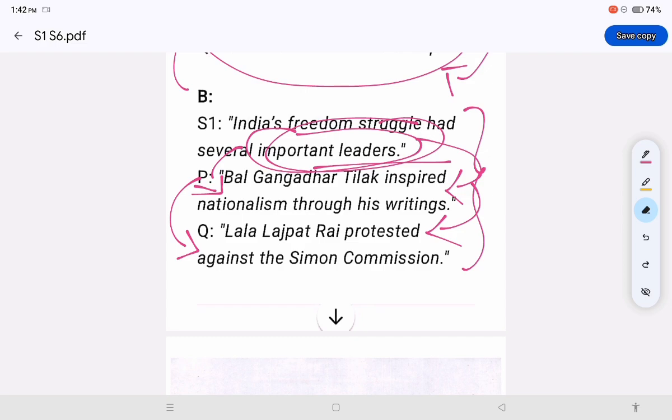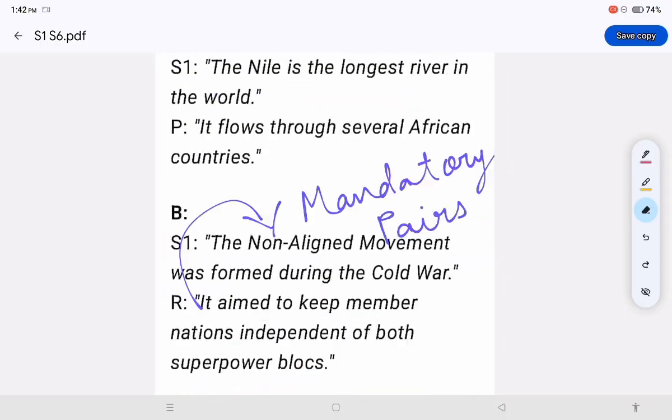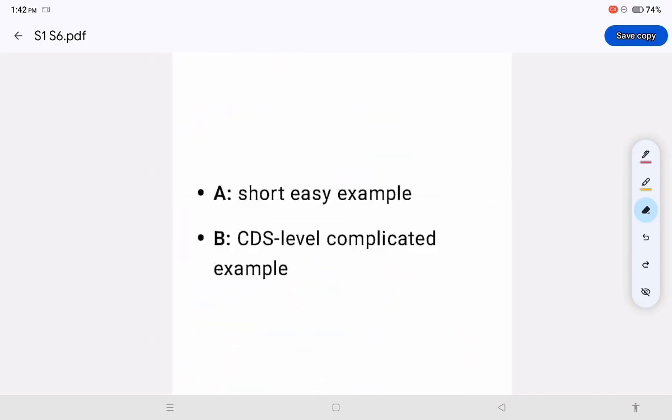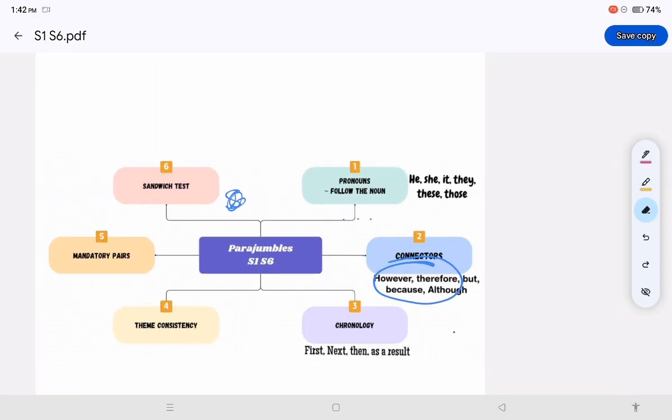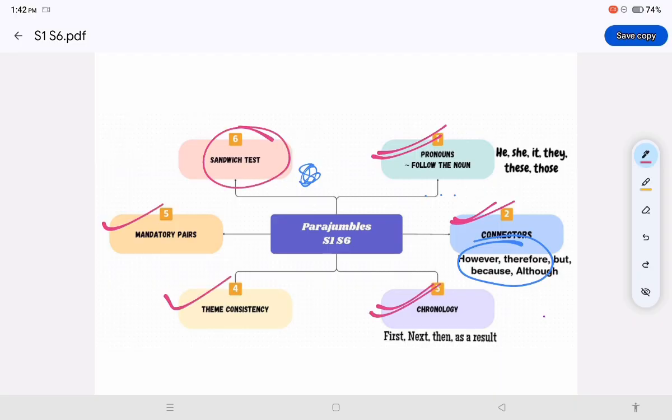Very easy. We have discussed the five points, and the very last point, which I mentioned in the very beginning, is called the sandwich test. We have completed point number 1 about pronouns, then connectors, chronology, theme consistency, mandatory pairs, and sandwich test.